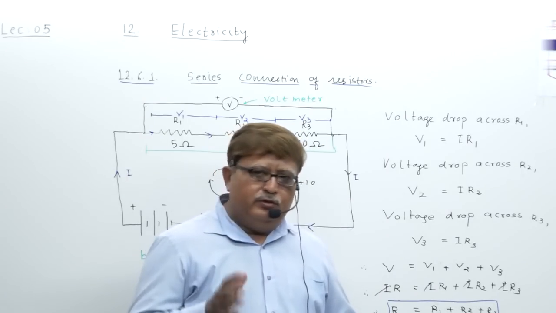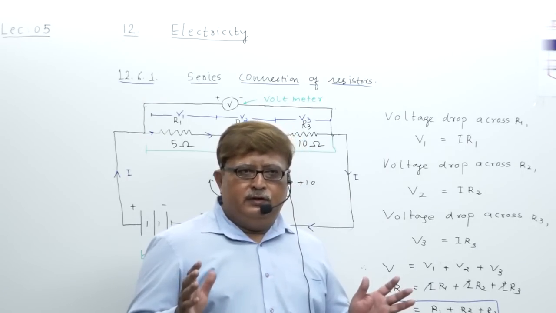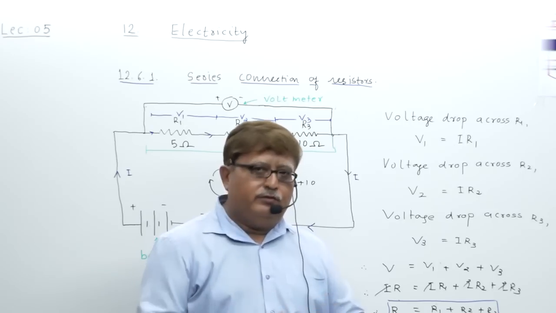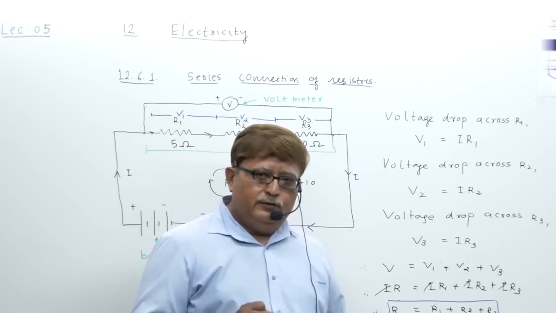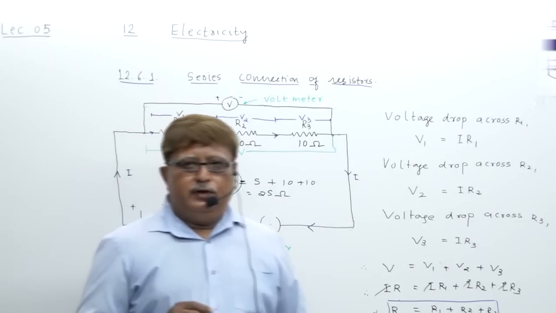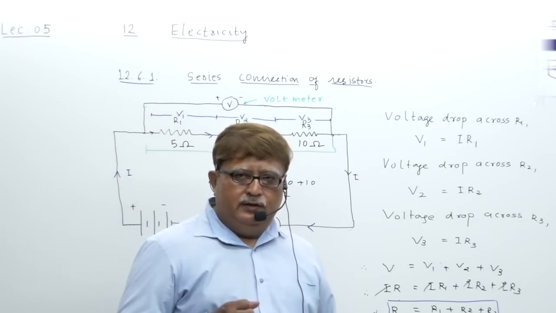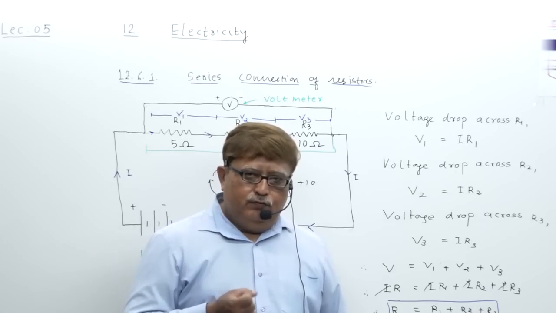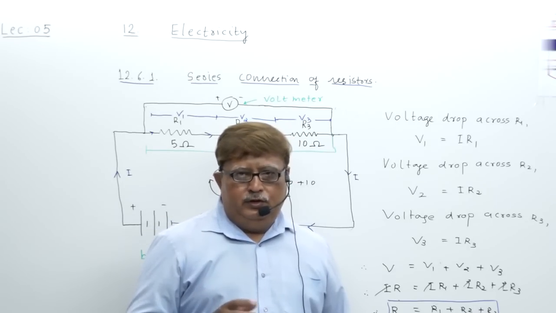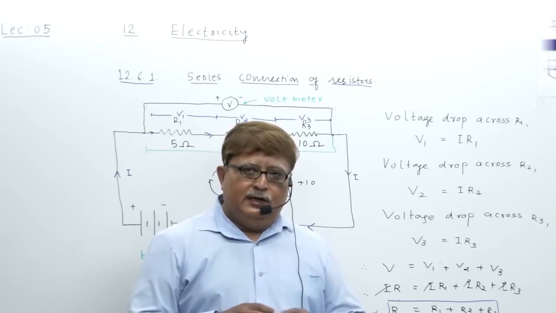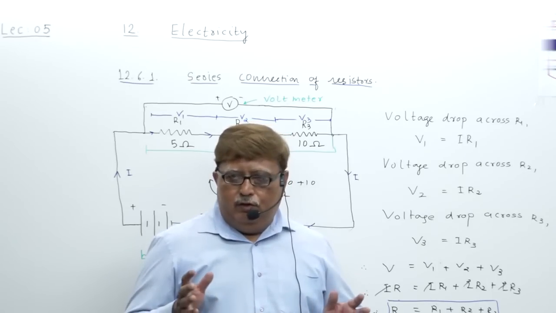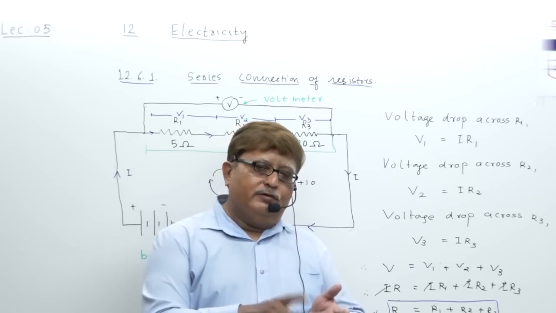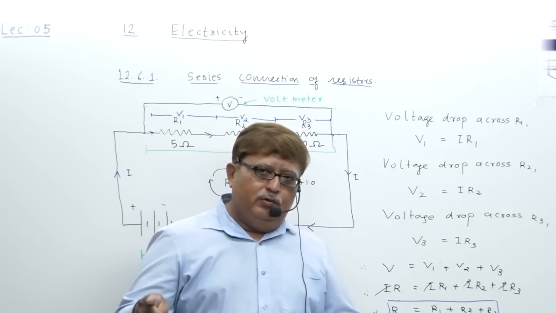That means, suppose in your home there are 14 devices. So all 14 devices means 14 resistances in your home. Suppose, my dear student, all are connected in series. So what is the overall resistance of your home? R1 plus R2 plus R3 plus R4 plus R5 up to R14.